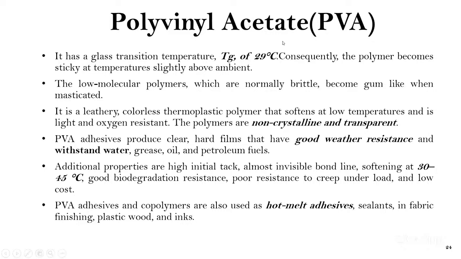So here, the glass transition temperature, the Tg value, of this PVA is 29 degrees Celsius. That is the reason the polymer becomes very sticky at temperatures slightly above it. This means that if you keep PVA at room temperature, you will find it quite sticky in nature.